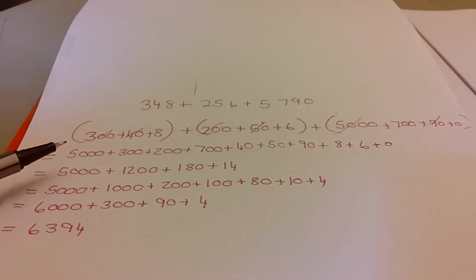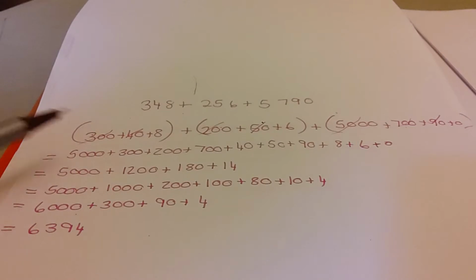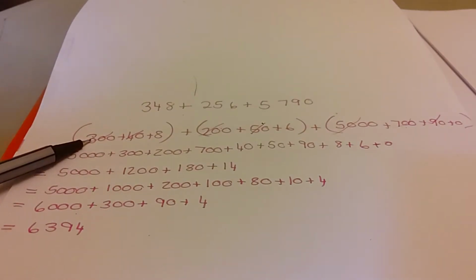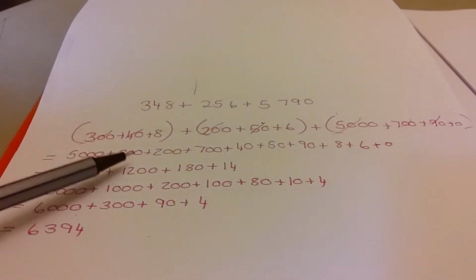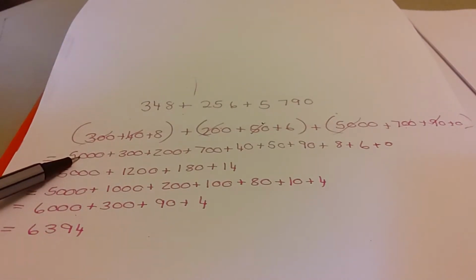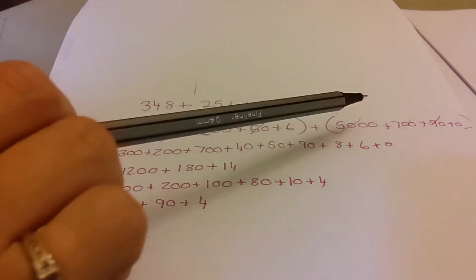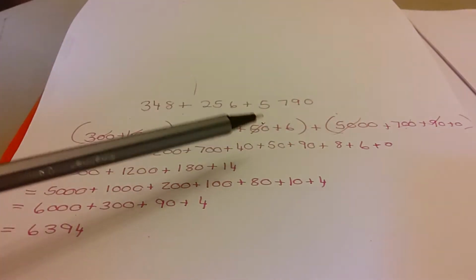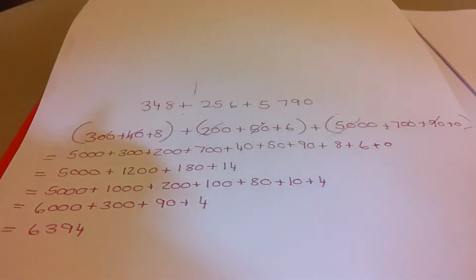So in our next step, we've got 5,000 plus 300. You'll see I've got these scratched out marks. What I've done is every time I write down a number from my expansions, I cross it out, just so that I can see that I've got everything written down.